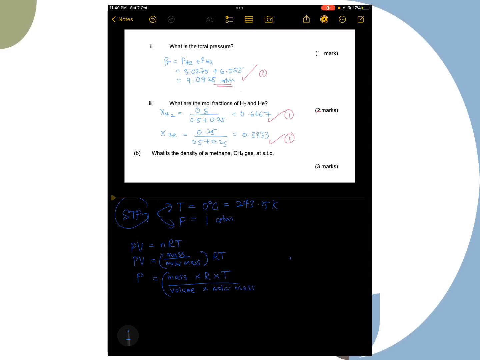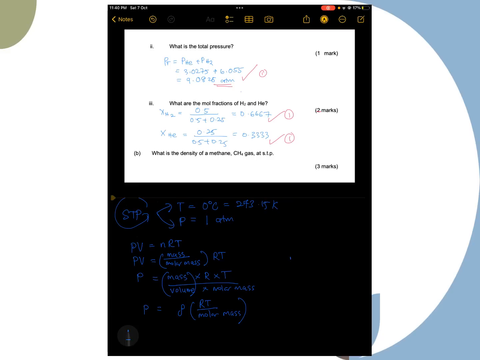Mass over volume is actually density. So we have P equal to density times RT over molar mass.